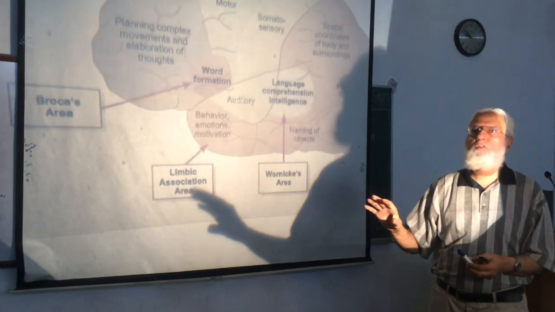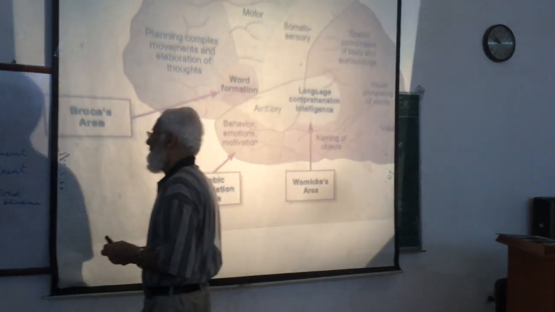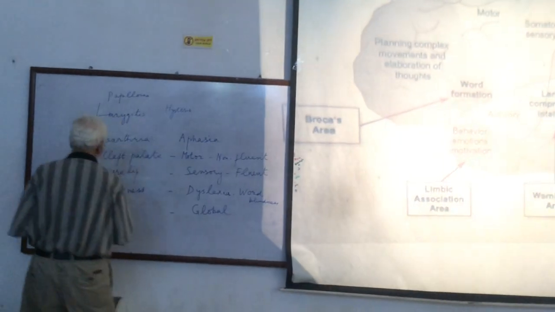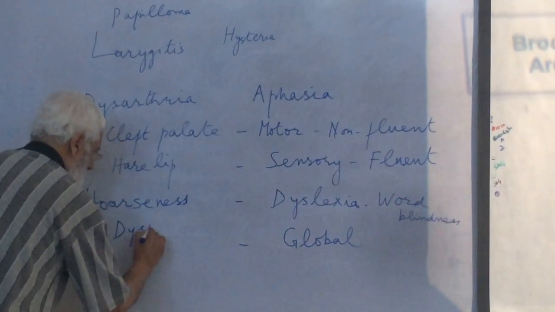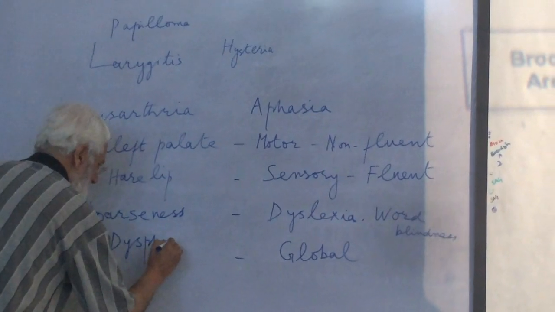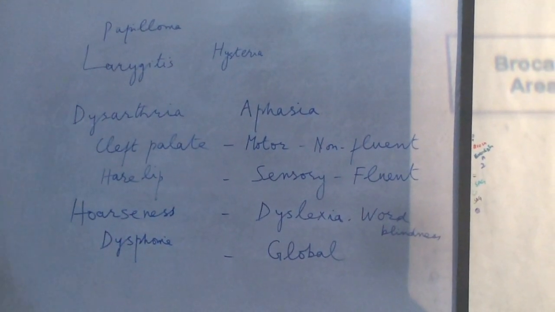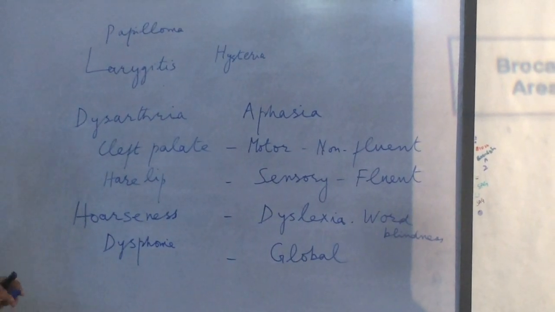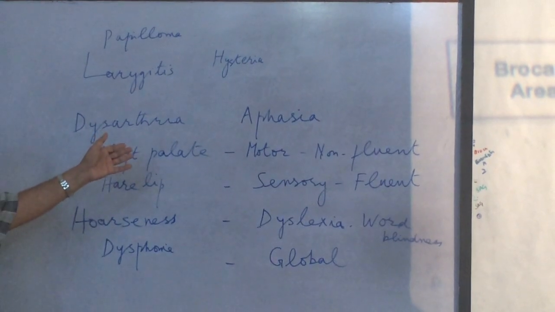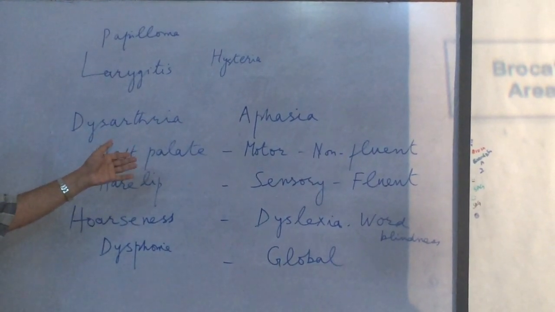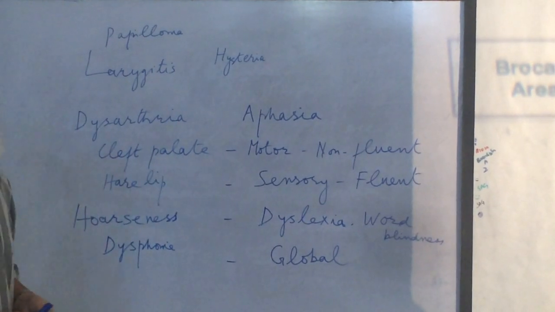So these are the causes of hoarseness of voice or dysphonia. Dysphonia or hoarseness of voice. Causes, to repeat: chronic laryngitis, papilloma of the vocal cords, hysteria, hypothyroidism, damage to the recurrent laryngeal nerves.